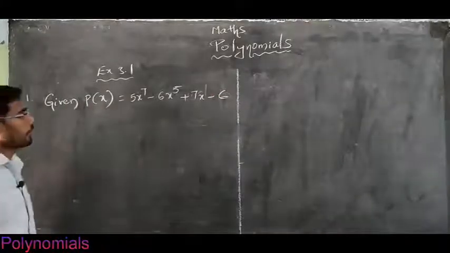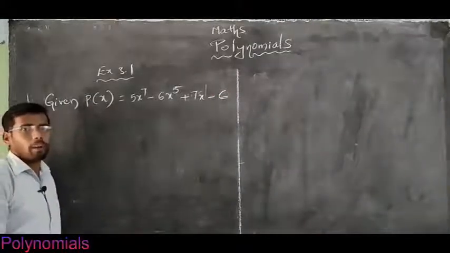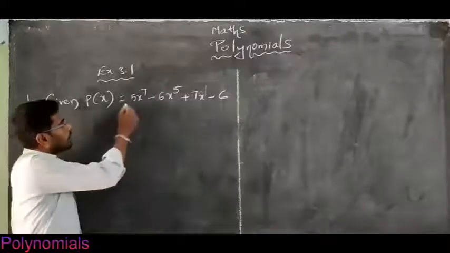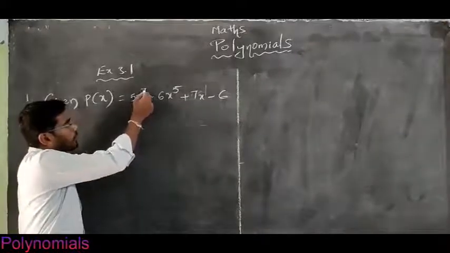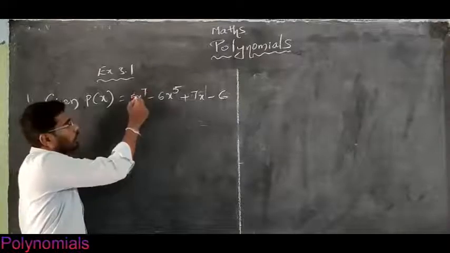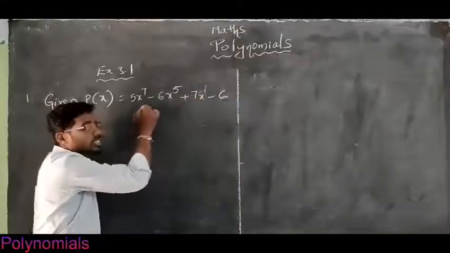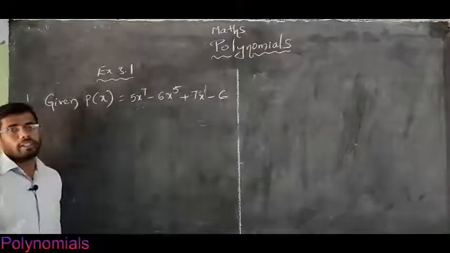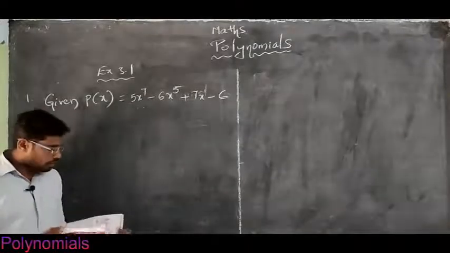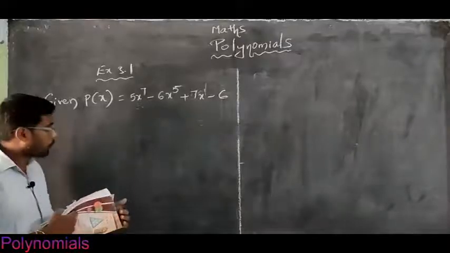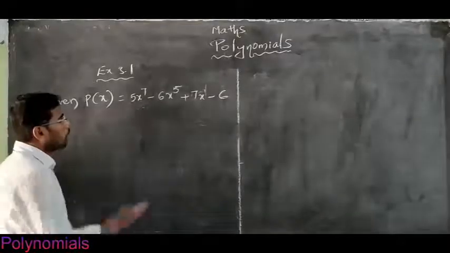First of all we will check whether this is a polynomial or not. Here 5x to the power of 7, the x power is 7, positive. Here x power is positive, here also positive. So this is a polynomial. Now he is asking for the coefficient of x to the power of 5.